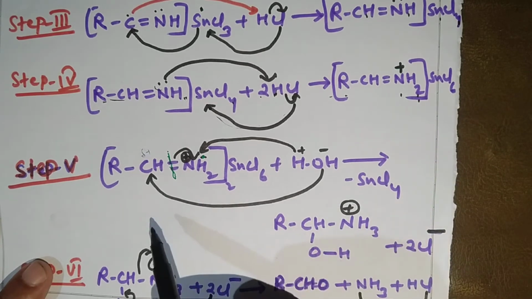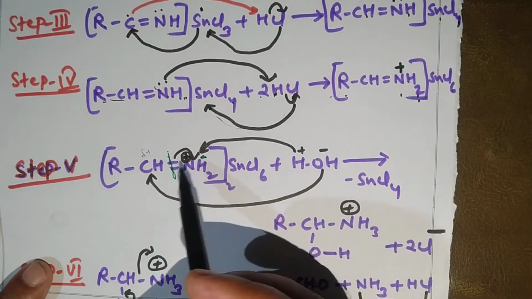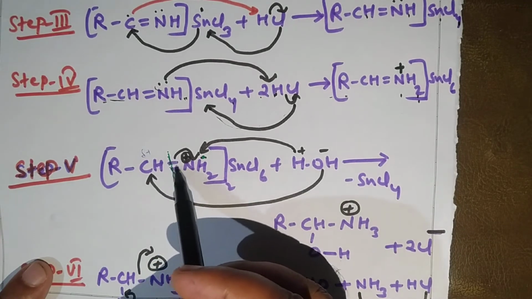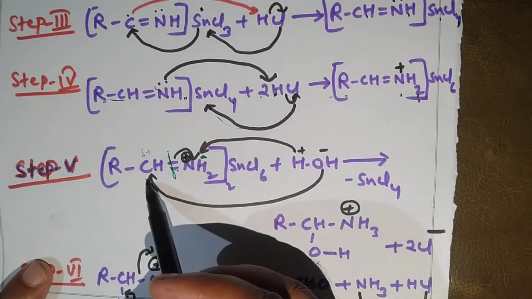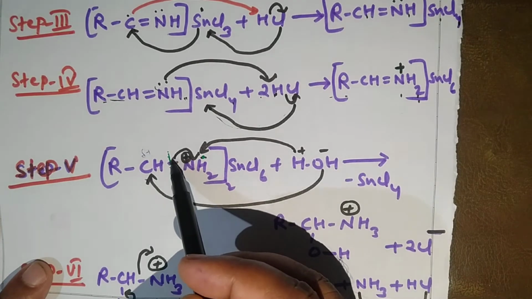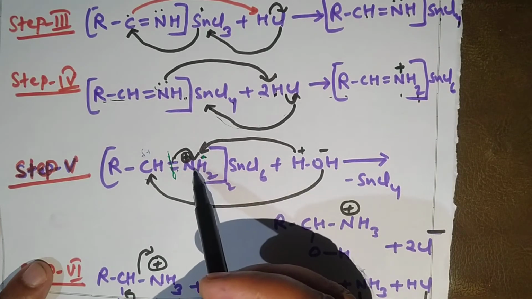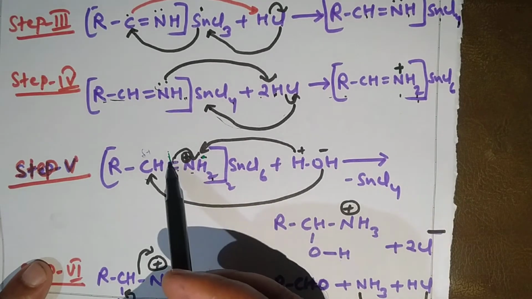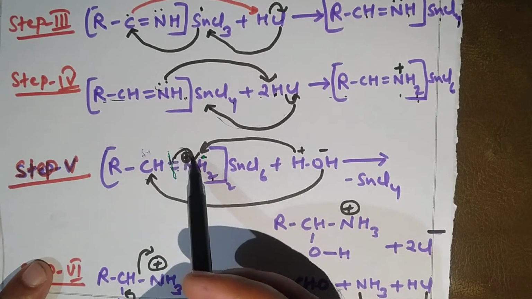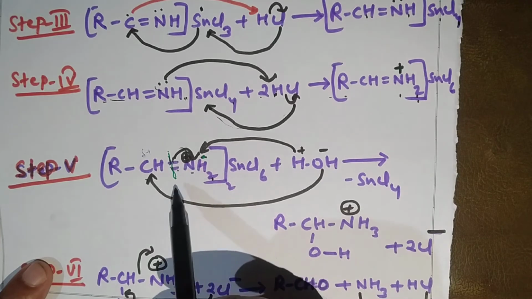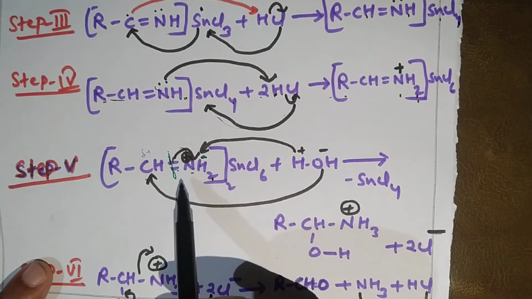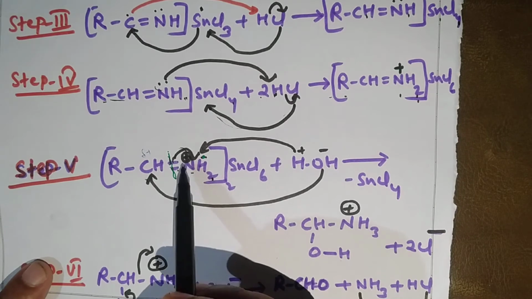What will happen here, these bonded electrons will break here and OH will attach here, now this bonded electron is shifting to the NH2 molecule, since the positive charge is here, so these electrons are taken by nitrogen, and as a result the positive charge is neutralized here.